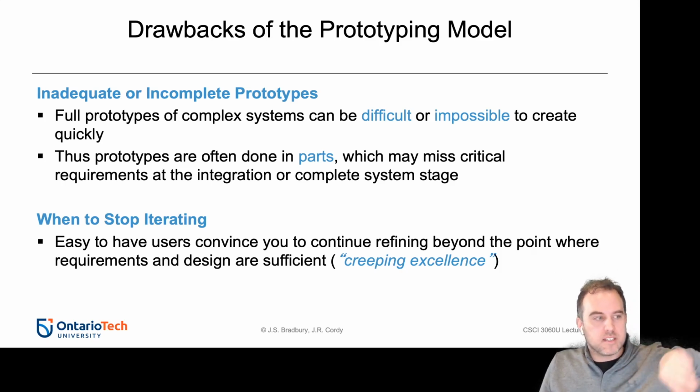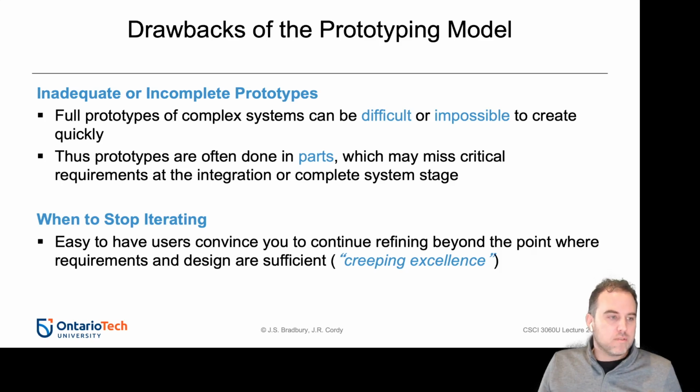You can get this constant iteration loop, which is called creeping excellence, where every iteration of the new prototype, there's something else they could improve. And at some point, they might get back to where they've changed features back to what they had previously. So you get what's called creeping excellence, where it's never sufficient, and you don't want to waste your time with that.